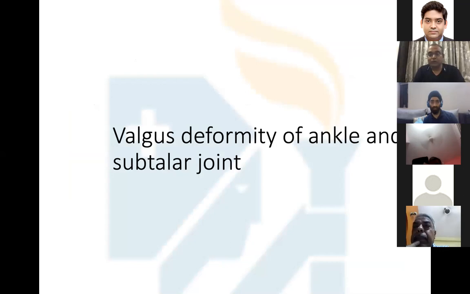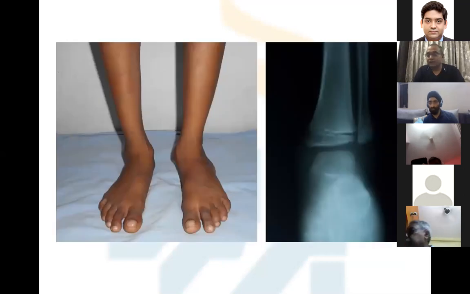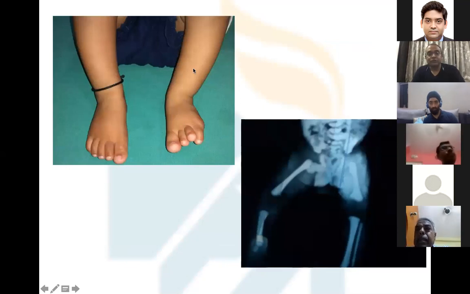So, valgus deformity of the ankle. Now here, this child has a valgus at the ankle joint. This child has a fibular physeal defect, for which there is a deformity of the ankle joint. Now here, you see an ankle varus.